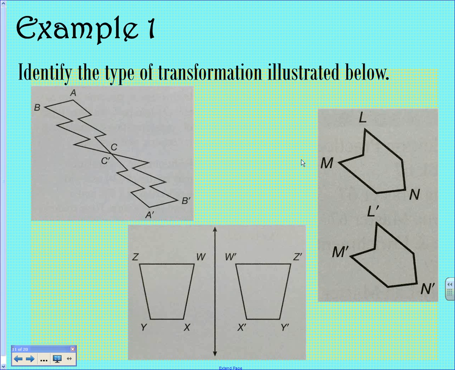Why is it a rotation? It started here, and then we turned it about 180 degrees. Why wouldn't it be a slide? Can I take this first pre-image and slide it onto the other one? Okay. Why not a reflection? Is A over here? B would have to be over here. A and B are kind of flip-flopped, so it would have to be a rotation.